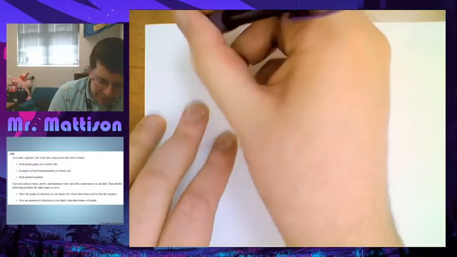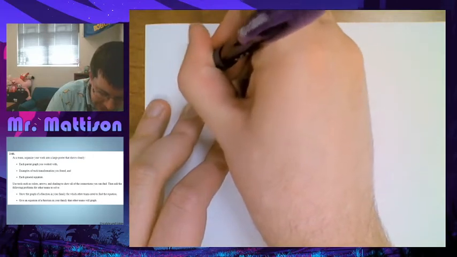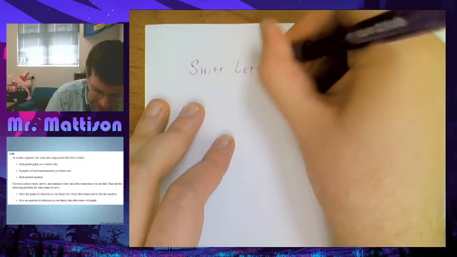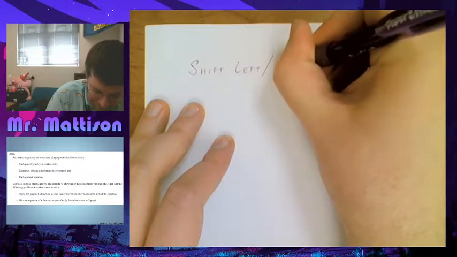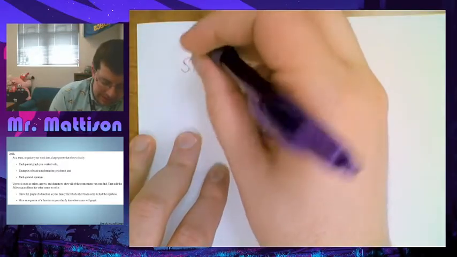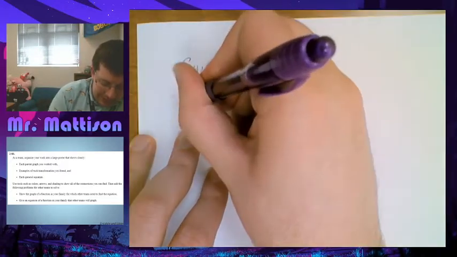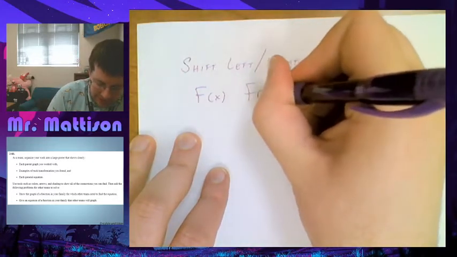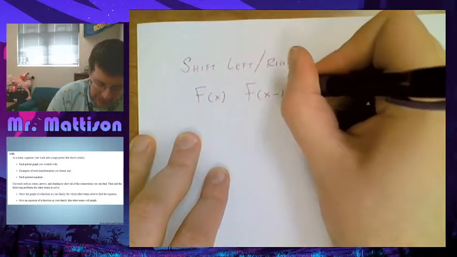All right. So if I want to do a shift left or right, I have to add on the inside. So if I have f of x, what I actually do is f of x minus h.